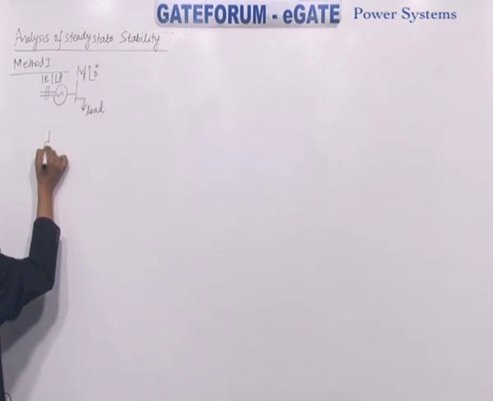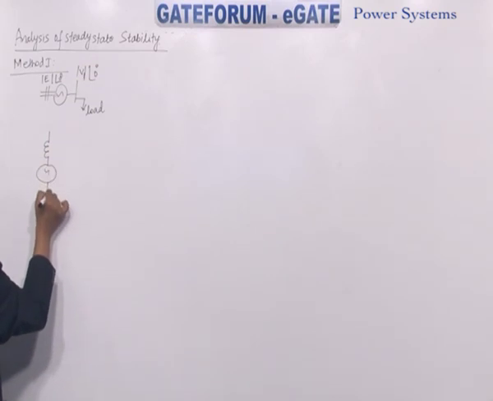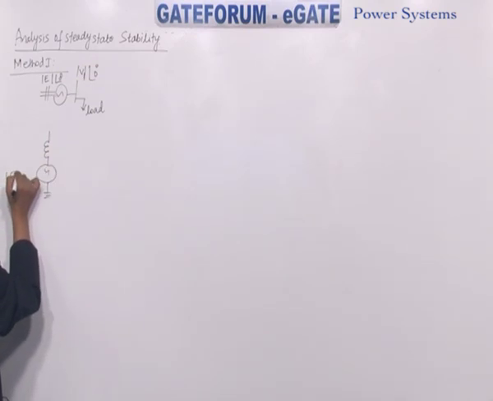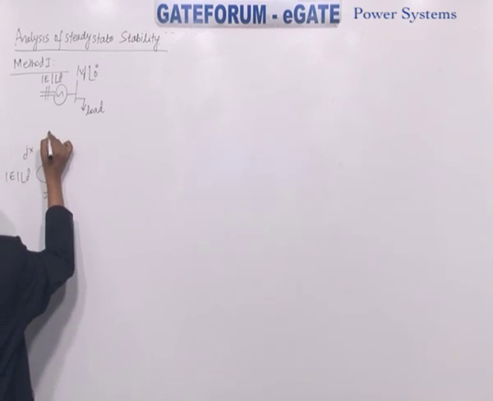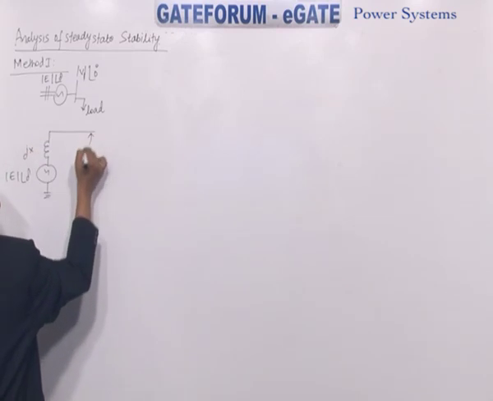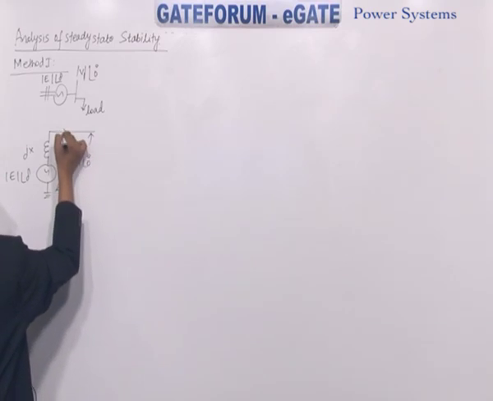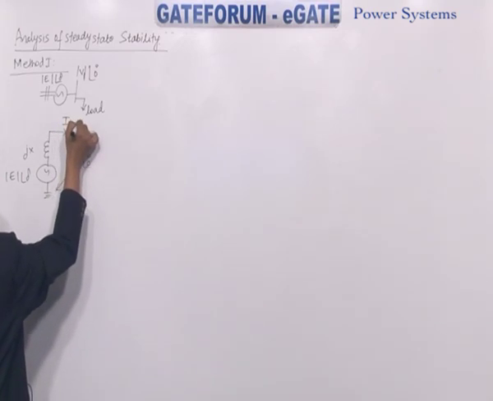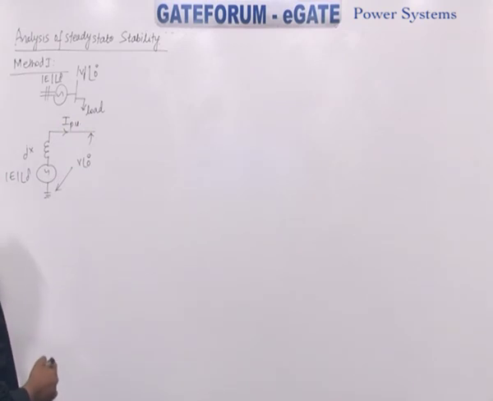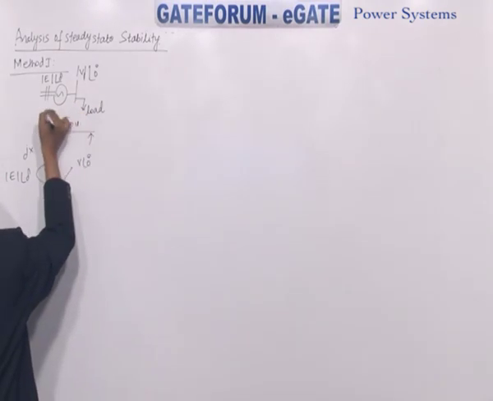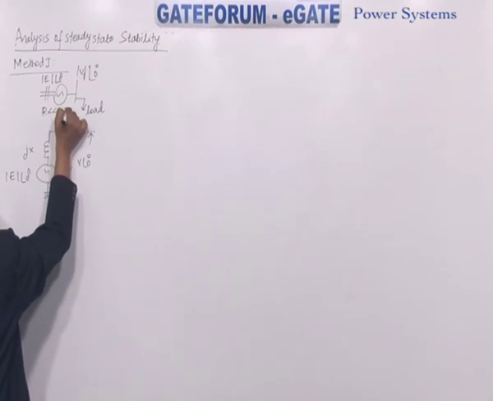So how do you draw its reactance diagram? This E at angle delta, reactance jX, and here the terminal voltage V at angle 0. Say current flowing is I per unit. So you are neglecting the resistance, R very much less than jX.